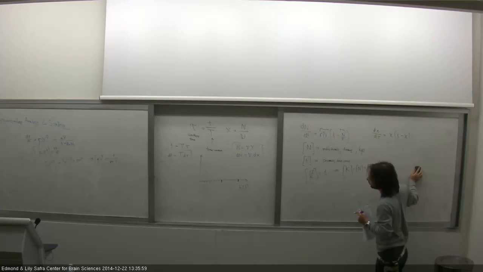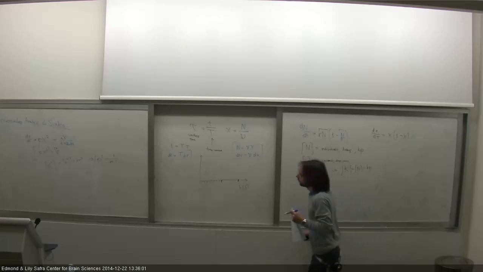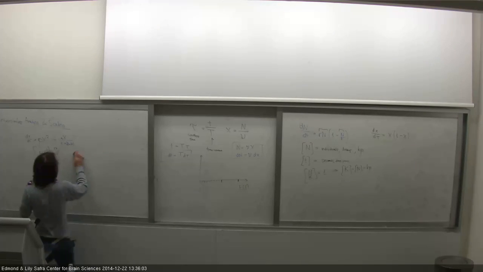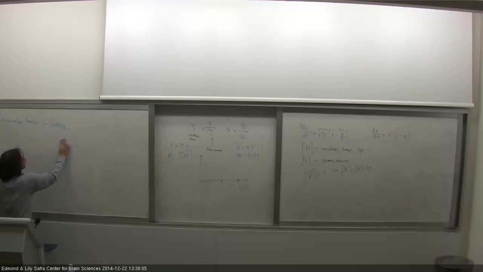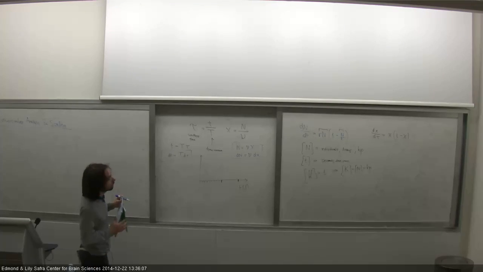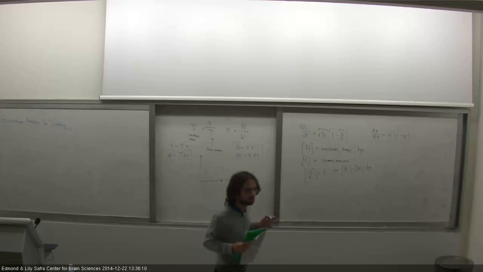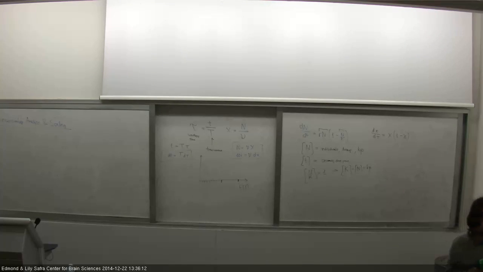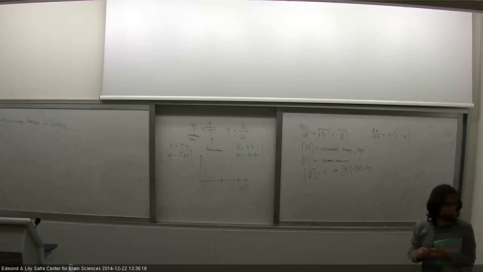Actually, I don't want to erase that. So I'll keep going here. Yeah? The dn, you draw the left according to n and the right according to dt? Yeah. It's like doing a transformation of variables.